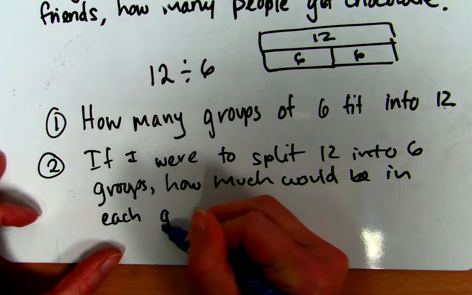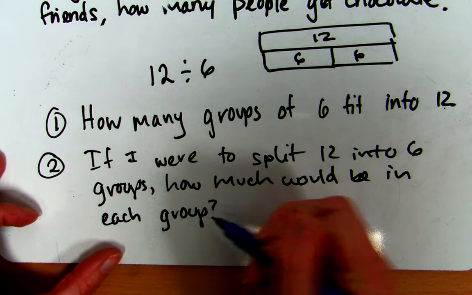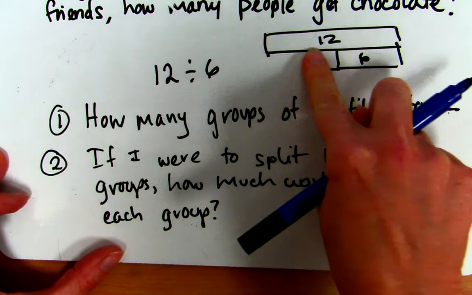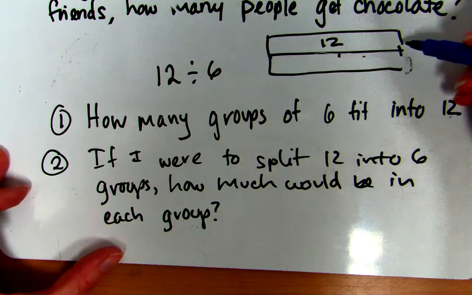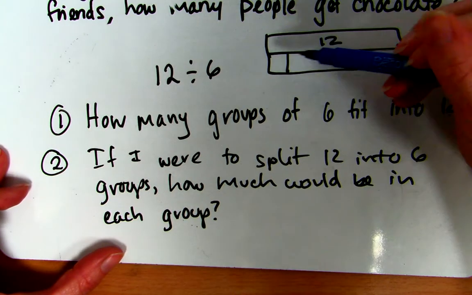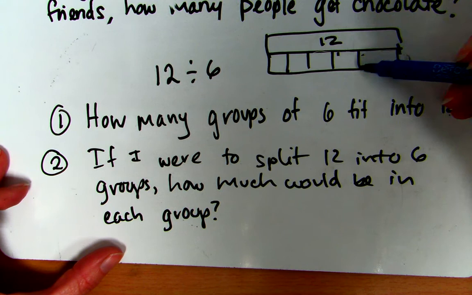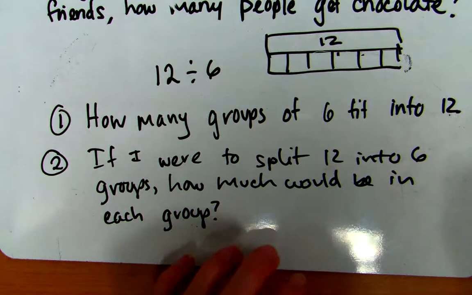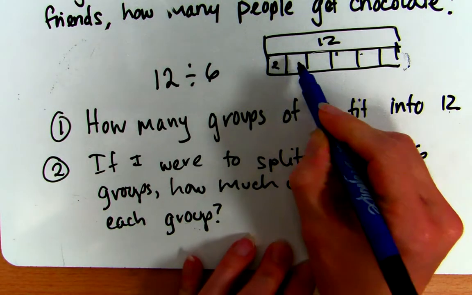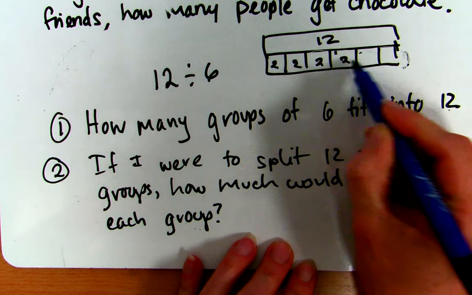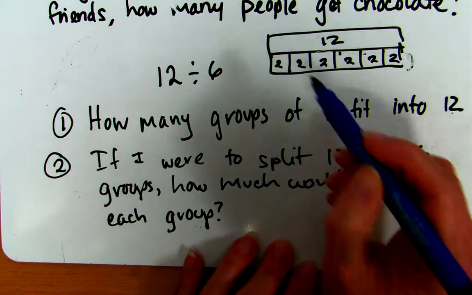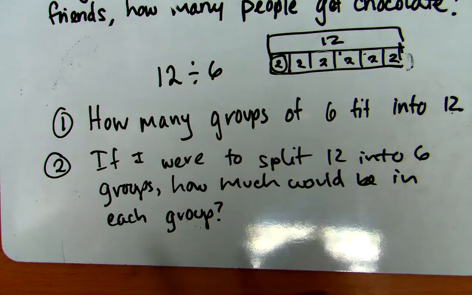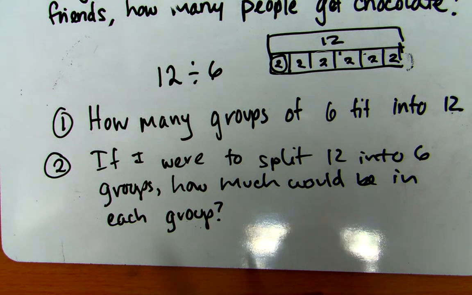A model for that: I'm going to keep my 12 up here and split my 12 into 6 groups. 1, 2. And I would know that in each of those groups, to make up 12, I would need 2. I've taken 12, I've split it into 6 groups, and one group has 2 in it. Those are two different ways to think about division.